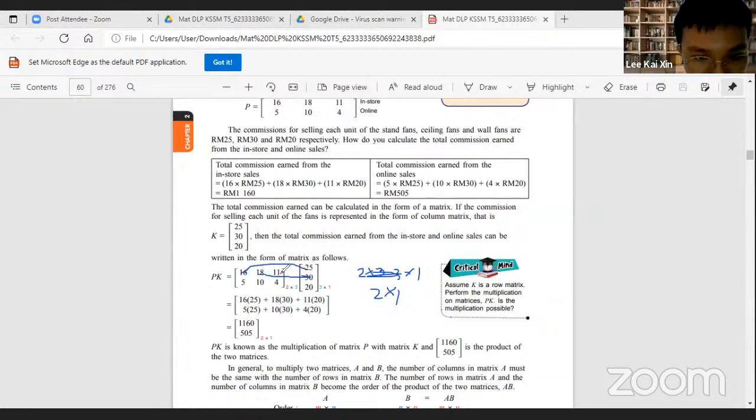We add up the products here, and then the down part also adds up the products like that. Actually, for multiplication of matrices, you can solve it using a calculator, not an issue. Because sometimes I know you all need to think, you can use a calculator to do so.